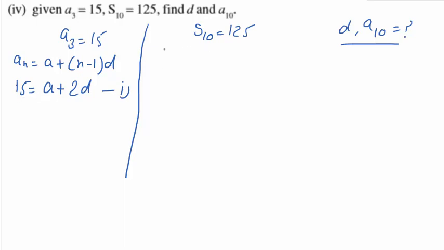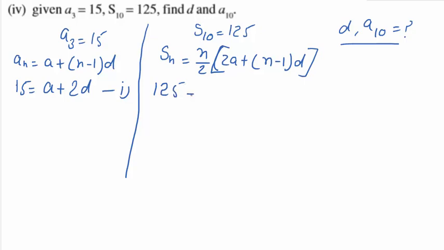Now using the formula Sn equals n by 2 into 2a plus n minus 1 into d, Sn, that is 125, equals n, that is 10, divided by 2, into 2a plus n minus 1, here n is 10, so 10 minus 1, that is 9 times d.